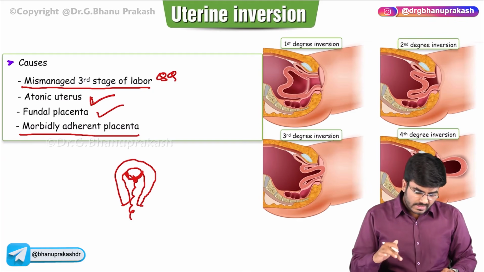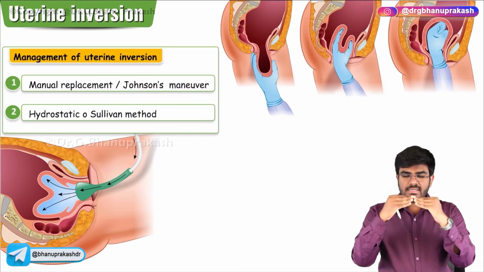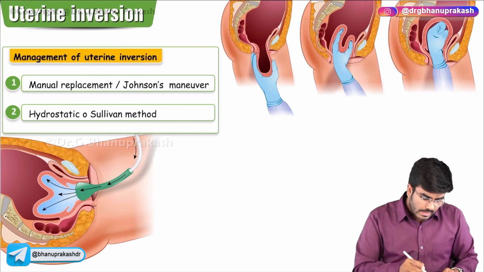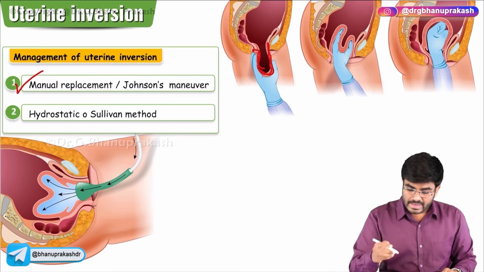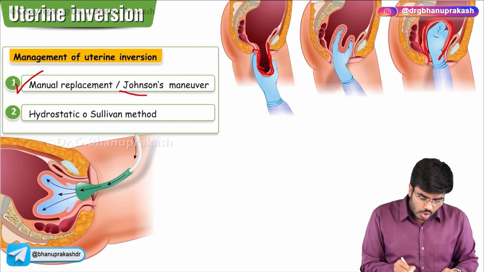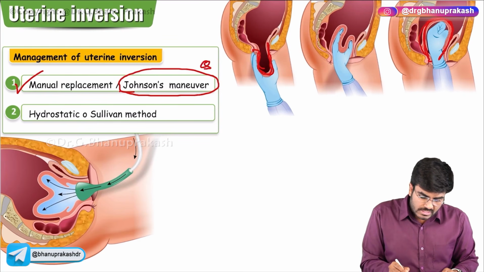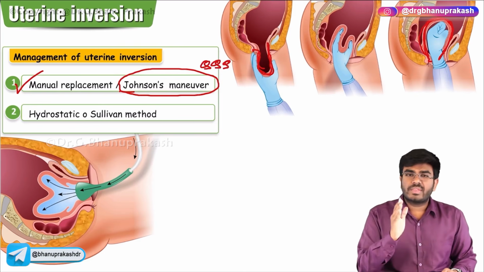Now let's see the management of uterine inversion. Now the uterus is inside out. What you can do is manual replacement. Please concentrate on this image. This inside out turned uterus was replaced back into its place with the hands. This manual replacement is also known as Johnson's maneuver. So Johnson's maneuver is used to manage uterine inversion.